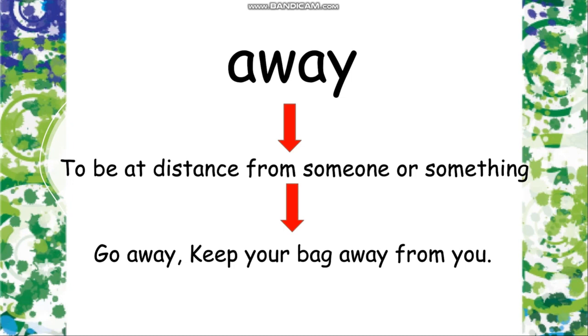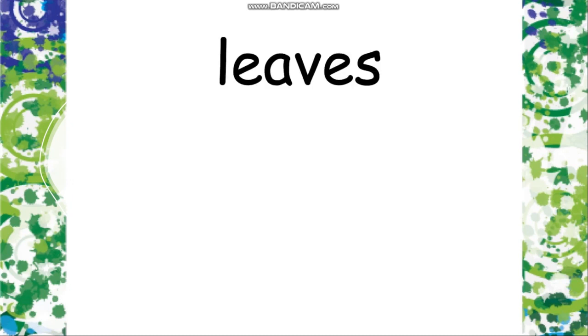That means you are telling him to be at a distance from yourself. आपसे दूर रहने के लिए बोल रहे हो आप. या फिर when you are in an exam hall, तो आपकी टीचर आपको क्या बोलती है? Keep your bag away from you so that you don't cheat, right? So this is away.